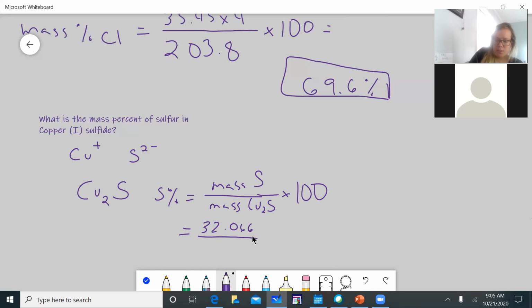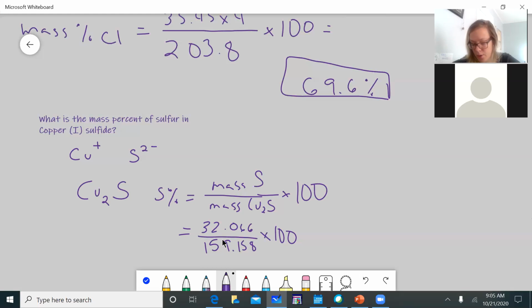We've got our copper mass, which is 63.546, but we have 2 of those because the formula is balanced correctly. We have 2 of those plus the mass of a sulfur, which we said was 32.066. So my total mass should be 159.158. Okay. Now, if you had like 159.16, that's okay. It's close enough.